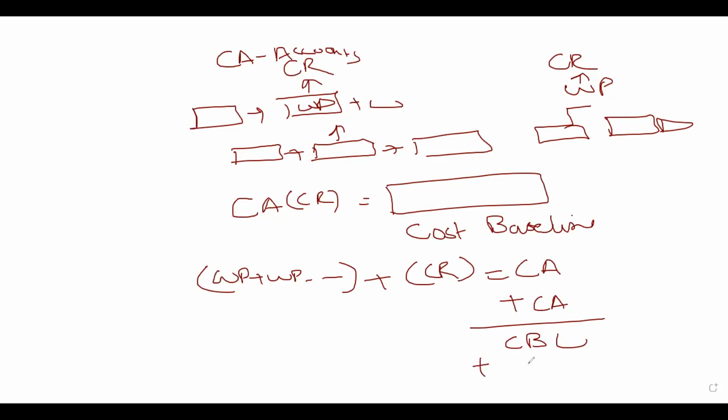And to the cost baseline, we add a management reserve, then we get the project budget. The ratio of this is decided by the PMO or the organization, or based on the type of project and the experience of the project manager, how much contingency reserve and how much management reserve needs to be kept. So that's how we have the cost baseline and project budget.